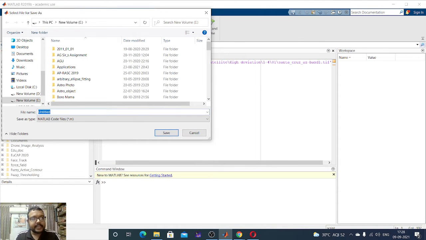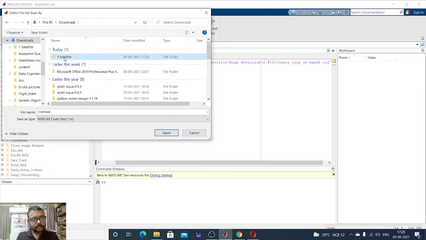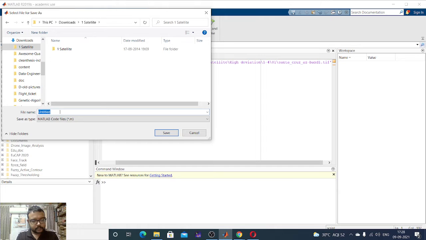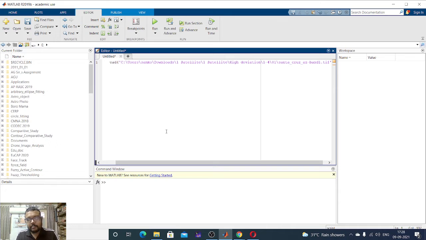So for running the image, you have to first save the path here. I am saving it as lab1.m, and it has been saved. Okay.